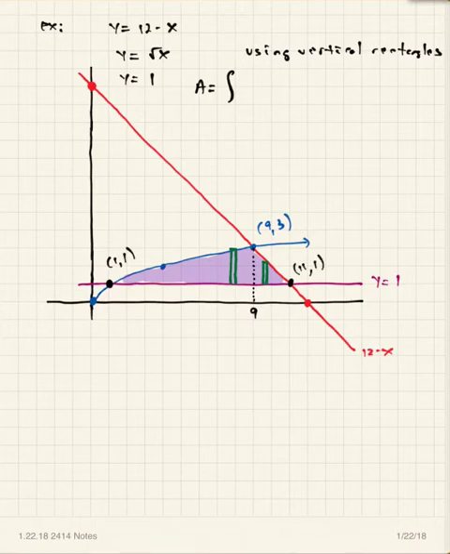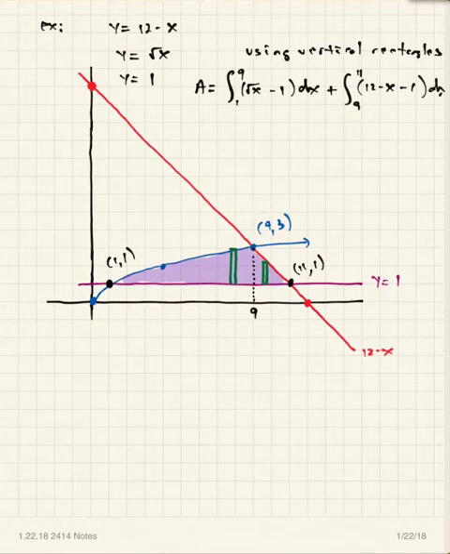And so we would have to integrate from 1 to 9, first of all. And it would be upper curve minus lower curve, the square root of x minus 1, which is not a hard integral, but that's what you'd have to write out. And then you'd have to add to that the integral from 9 to 11. The upper curve would be 12 minus x, and the lower curve would be 1.